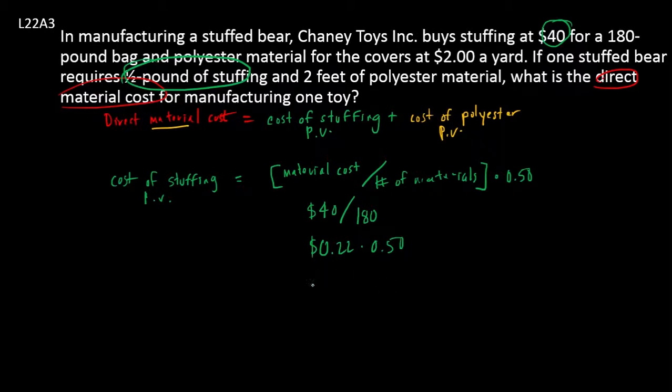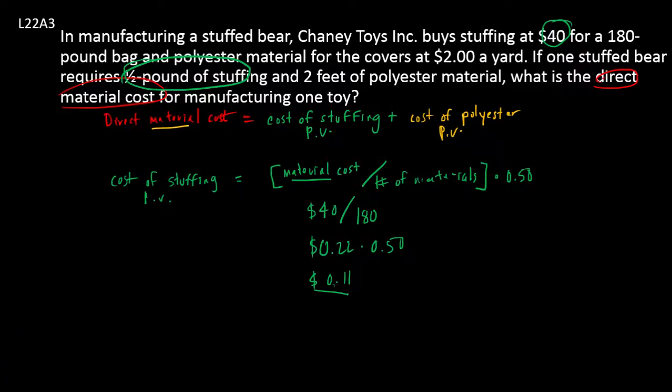So per bear, it's costing us 11 cents. I got that from taking what the total bulk material cost me, which is $40, and dividing it into units, which in this case is pounds. So for every $40 I spend on stuffing, I get 180 pounds. That comes out to a unit price of 22 cents a pound. Since it only takes half a pound to fill up a bear, the cost of stuffing per bear is 11 cents.